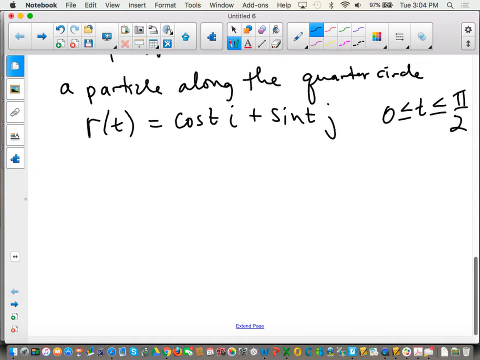So, according to our little r of t here, we can see that x would equal cosine of t, and y would equal sine of t.